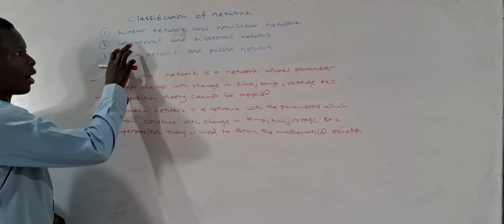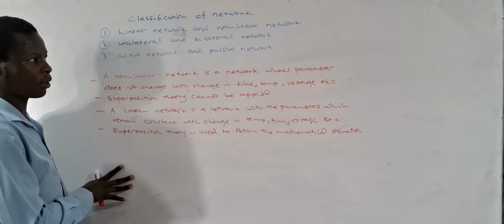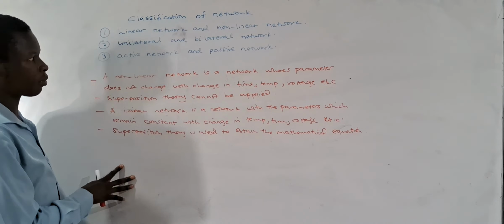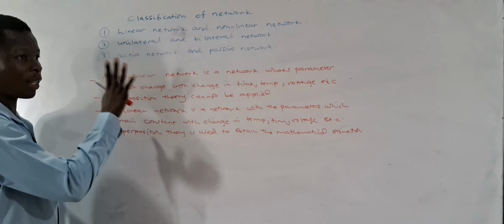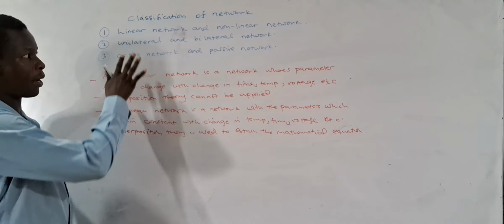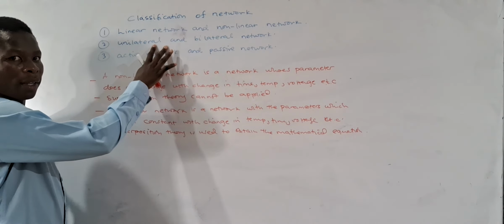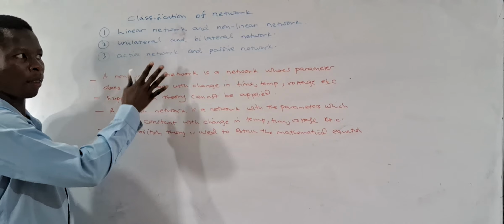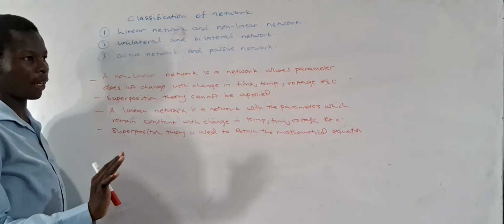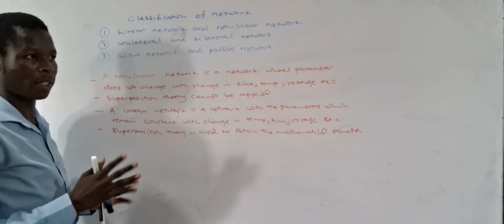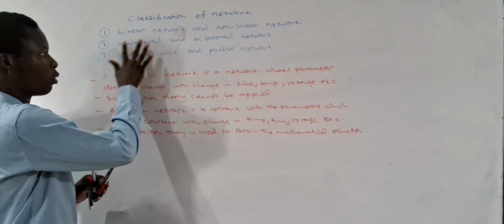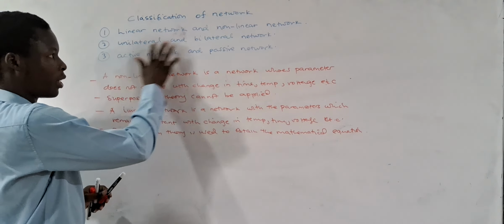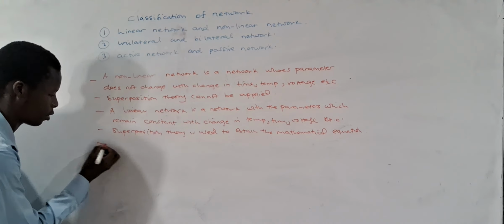In a unilateral network, the parameters of this network change if the voltage is reversed. If the polarity of voltage is reversed, you'll find that the magnitude of current in a unilateral network changes.